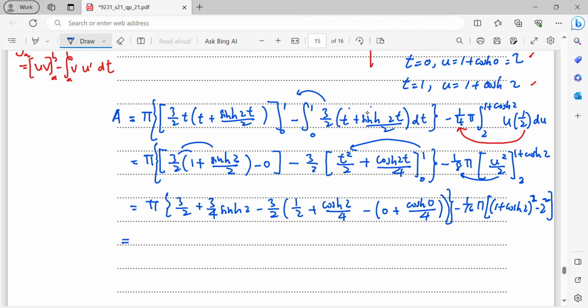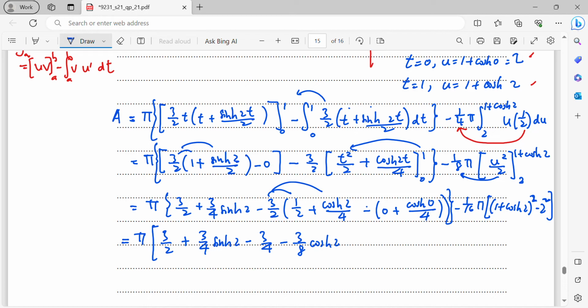Now I will get pi. Okay, so 3 over 2, open all the brackets, plus 3 over 4 sine 2 minus, this one times in, so 3 over 4 minus 3 over 8 cos 2.